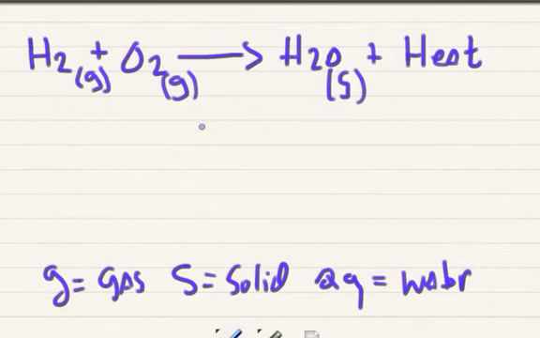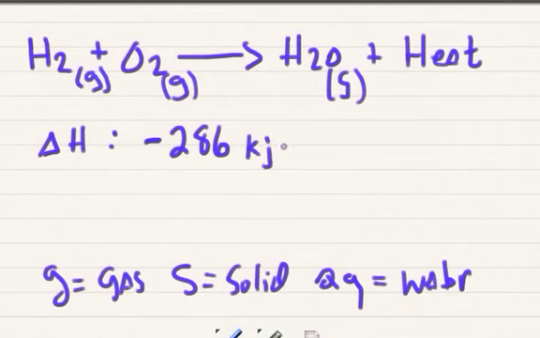Then I'm going to look up the delta H of this particular reaction. For every mole of hydrogen, and this is typically how we measure these enthalpies of reaction, the delta H is equal to negative 286 kilojoules, 1,000 joules, per mole of H2.